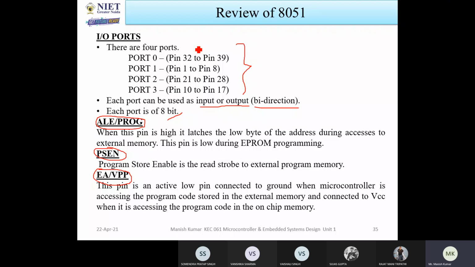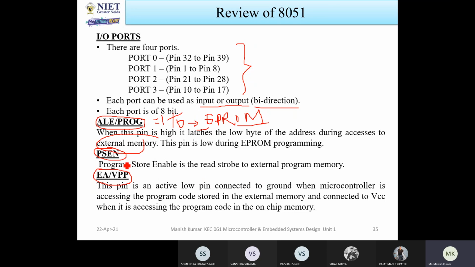Whenever you want to access the external memory, this pin is high. If this pin is low, it means you are programming the EPROM. At the time of writing the programs, this is low, and whenever you want to access any external memory, you put it high.